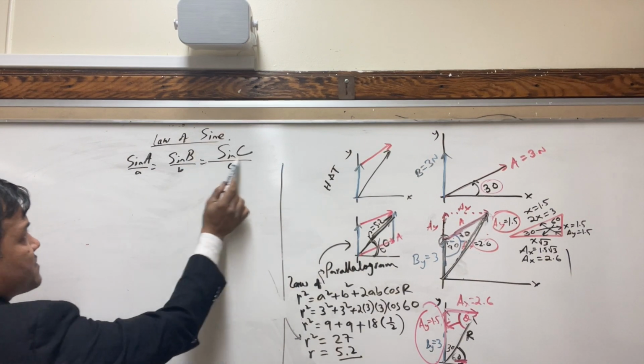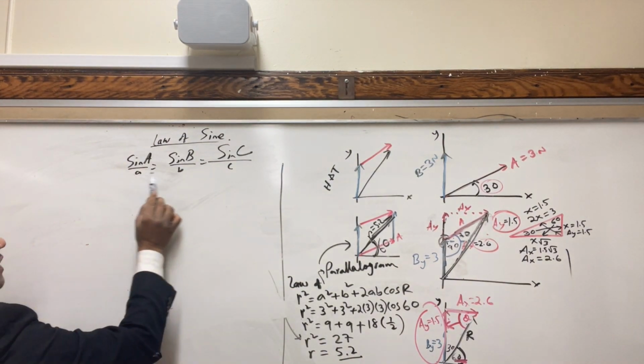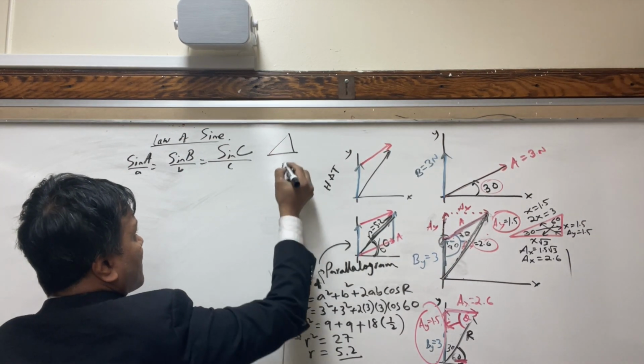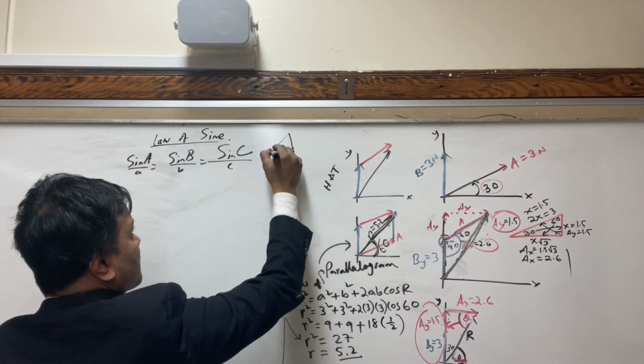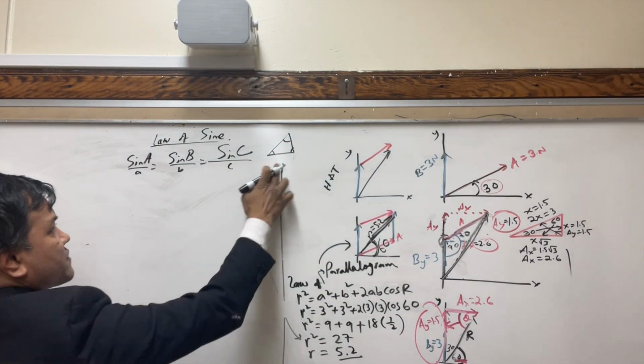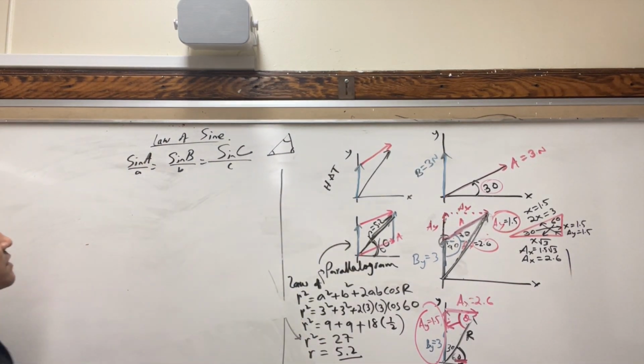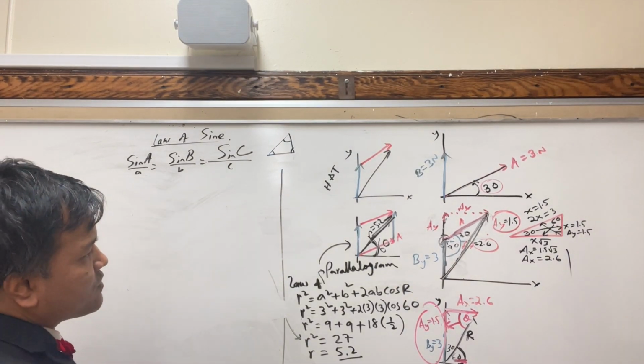The uppercase represents angles, the lowercase represents sides. A triangle has 3 angles and 3 sides. As you see, we have an isosceles.